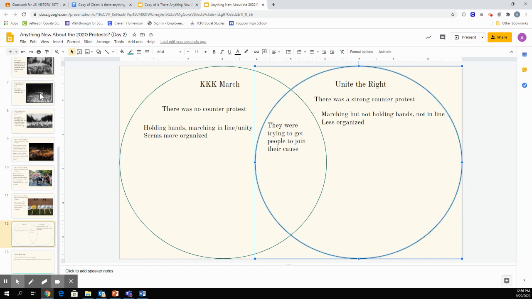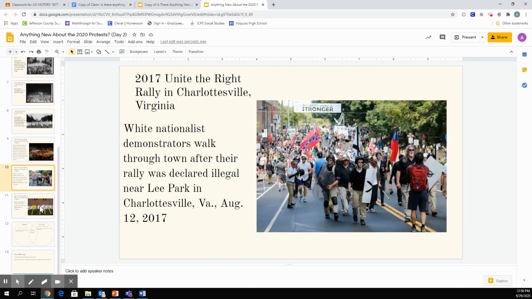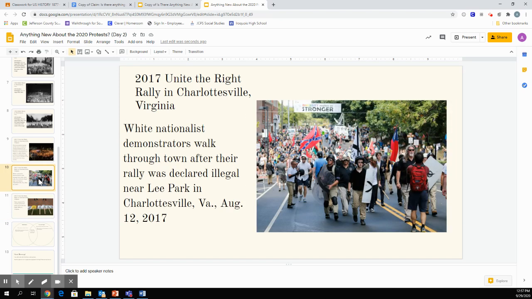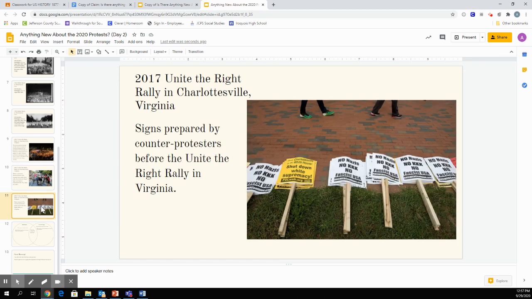Another thing you want to look at is that in the Unite the Right rally, there was something called a counter protest, which is people who were trying to stop the white supremacists or the white nationalists. They were trying to get the other message out.